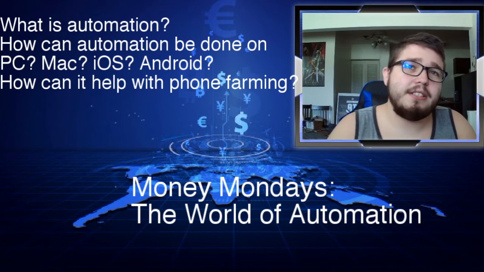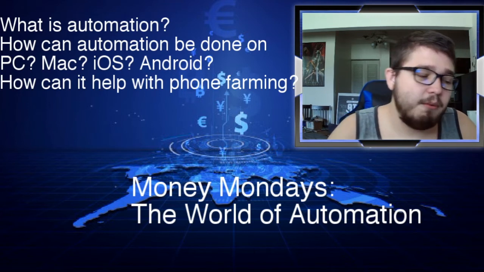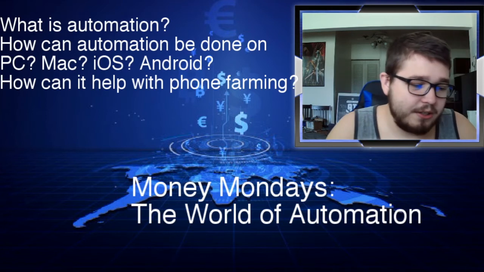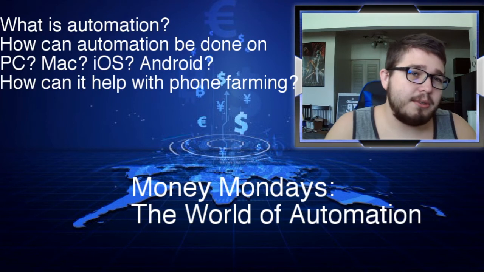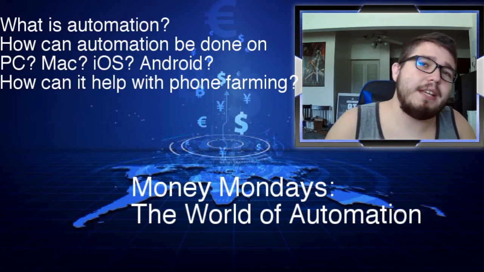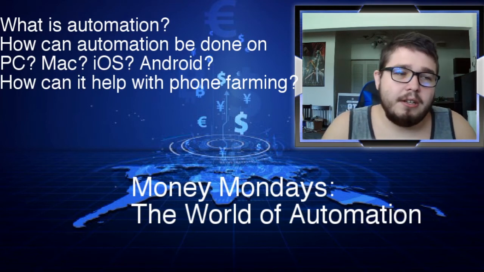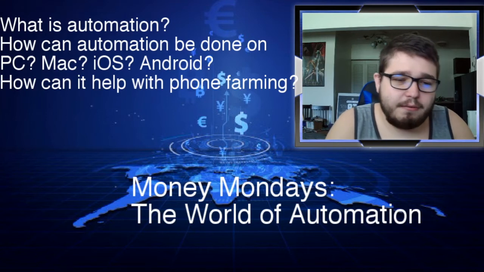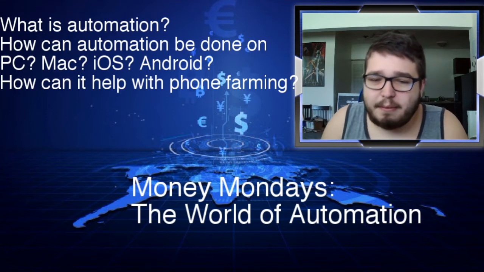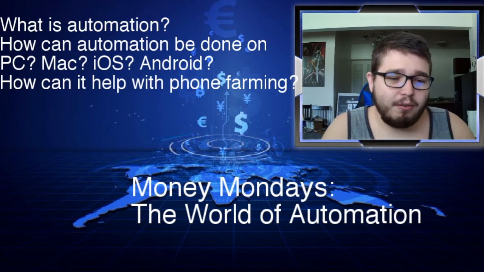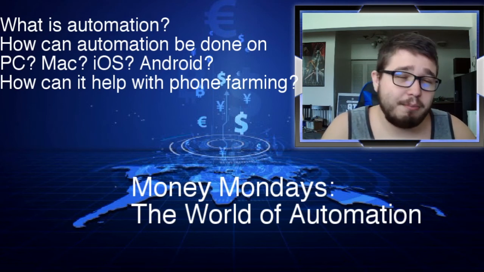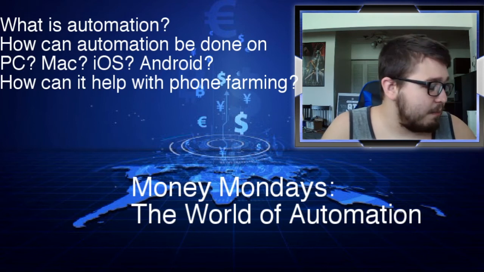Now let's get into the topic of what is automation. As in the last episode, this is going to be a little bit of a recap. We had passive versus non-passive versus semi-passive. Passive means you can leave it alone for probably 24 hours or more, and it just sits there and makes you money.